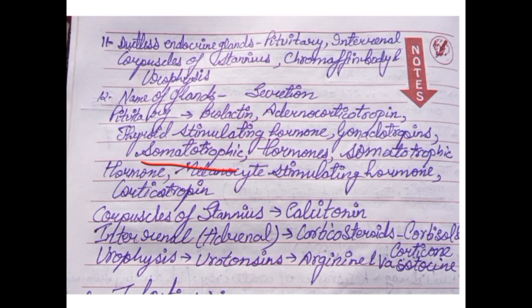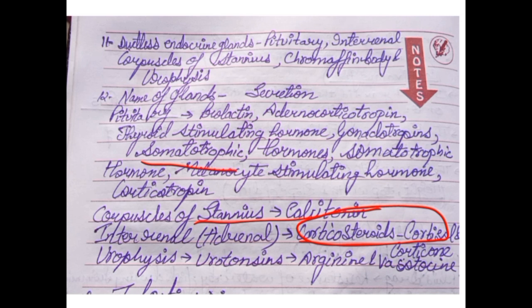Okay. Then corpuscles of Stannius secrete the calcitonin hormone. Then the interrenal or adrenal gland produces corticosteroids, which is cortisol. Generally, cortisol is produced from the adrenal gland.